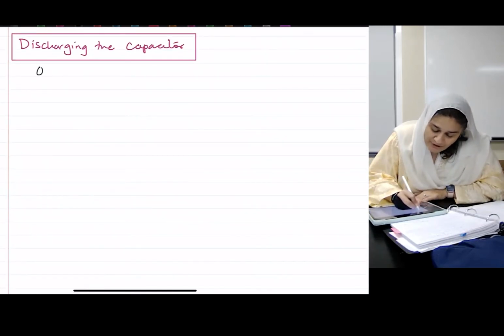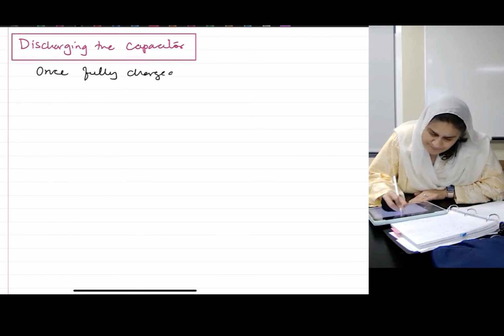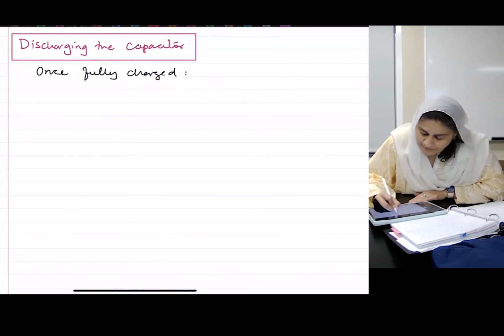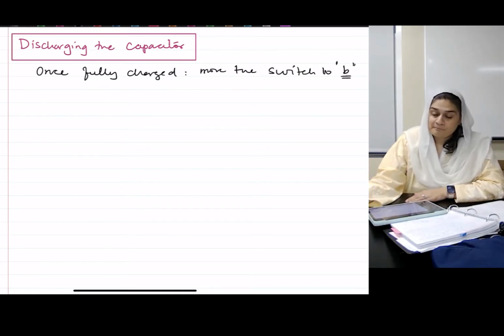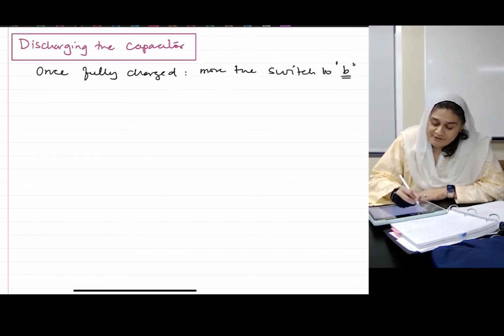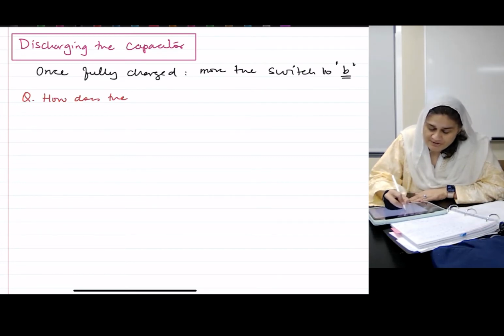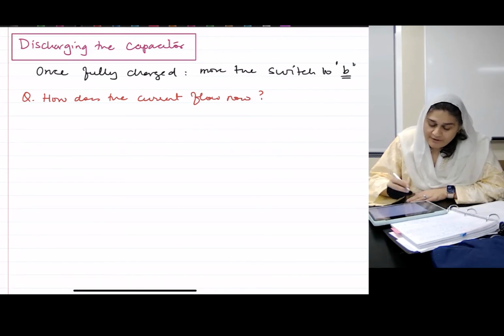So once fully charged, move the switch to B, to position B. Now, again, the question is, how does the current flow now? Okay, answer.